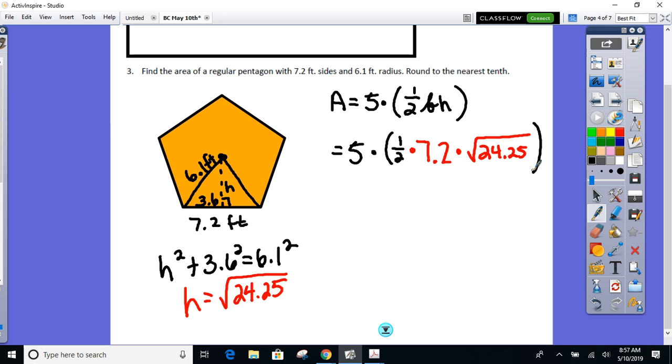Now I just have to multiply that number by 5 at the end, because there's going to be 5 of these triangles. I'll let you crunch away here.